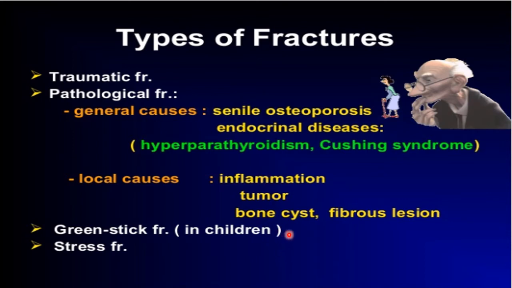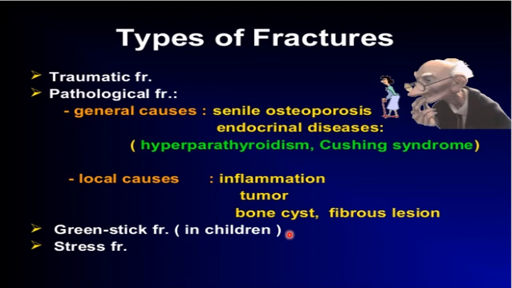Then there are special varieties. Green stick fracture, which is commonly seen in children. This is primarily secondary to a trauma, but like a green shoot or a green branch of a tree, if you try to break it, it may snap a little, but generally it bends, and it may not go back to its original shape, but it doesn't break into two pieces.